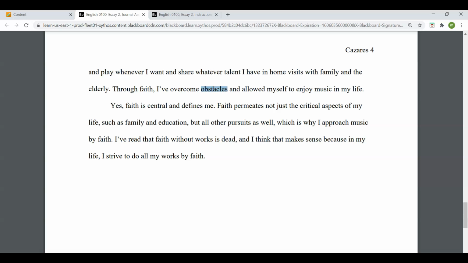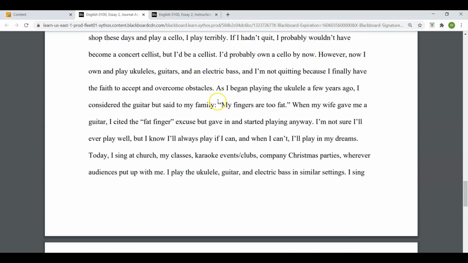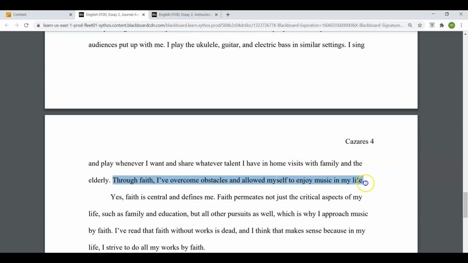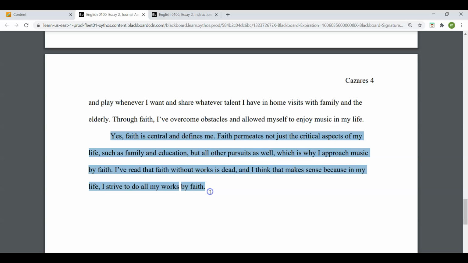I'm just saying that you can learn a lot from a piece of writing from particular points in it, right? From key parts of the essay. So in the body paragraphs, I've shown you its topic sentence and its closing sentence.